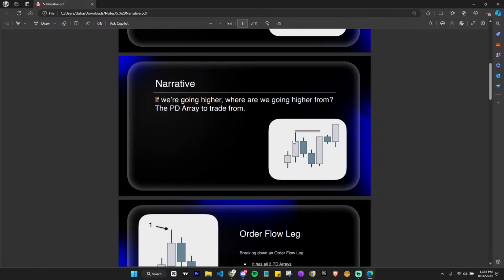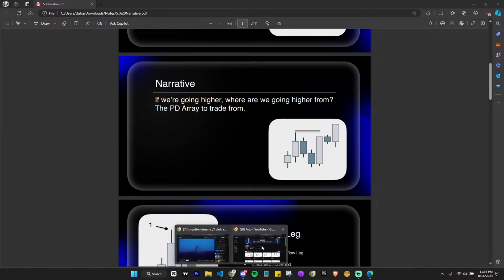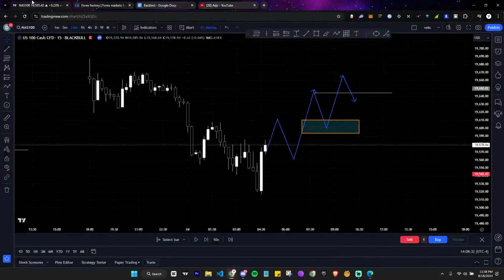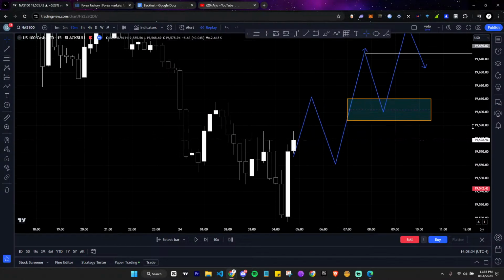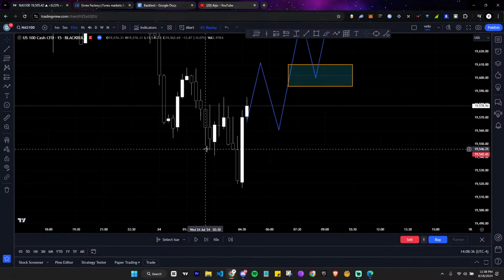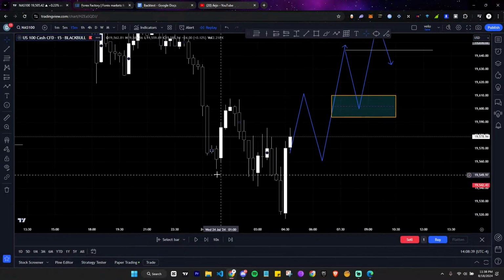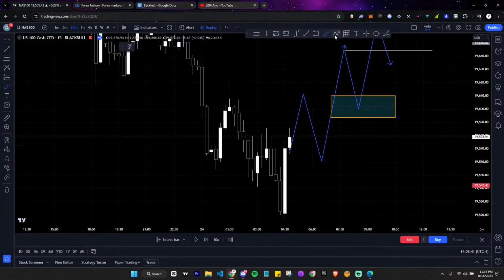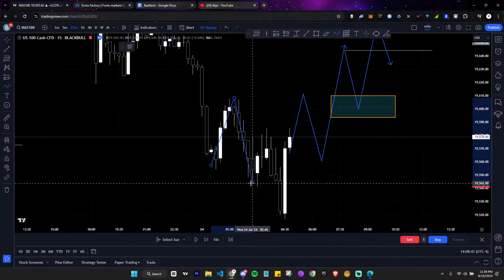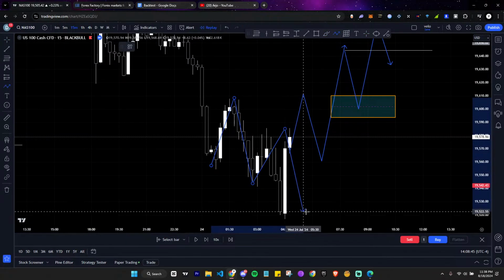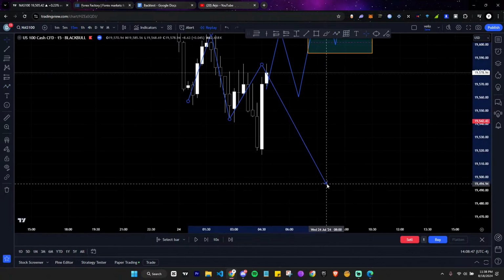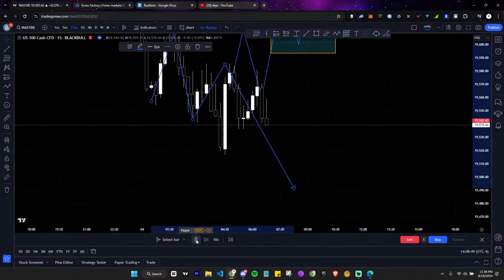See over here? If this fair value gap is not created in the order flow, or order flow is basically just a fair value area, in other words, the way we're going to identify this is by looking at a flow of order. So in a bearish scenario, you see that we have a 1, 2, 3, 1, 2, 3, right? Let's see what it does next.